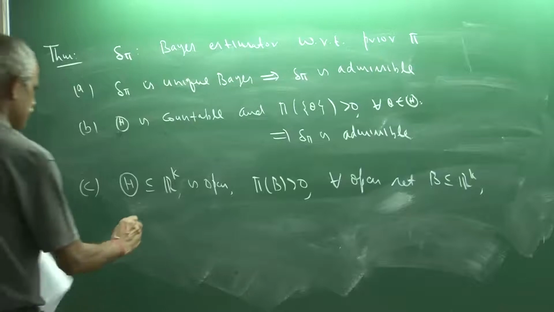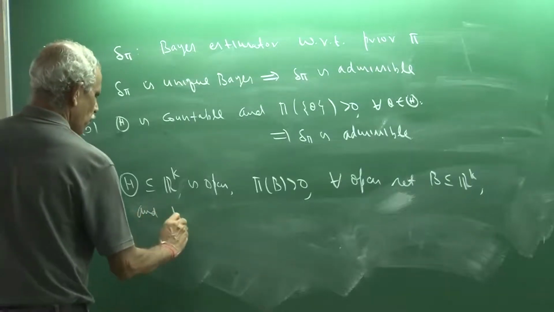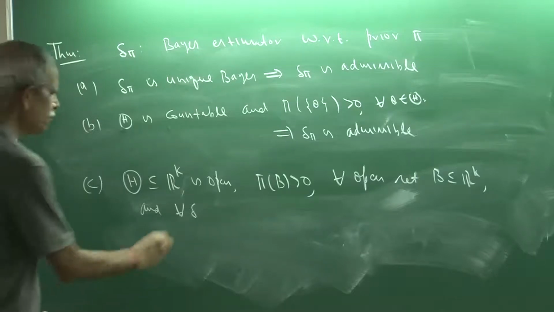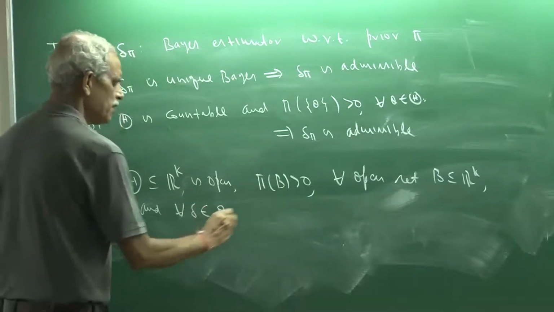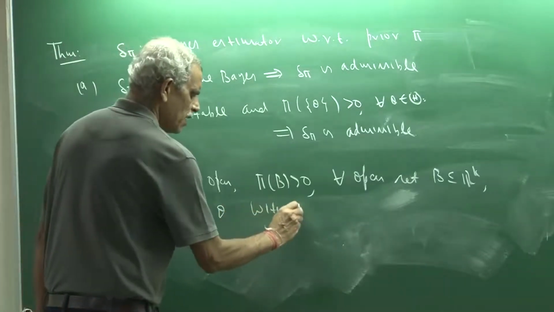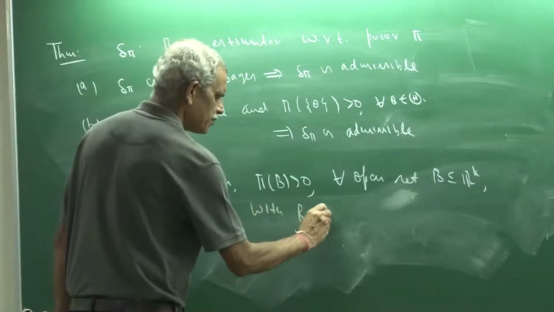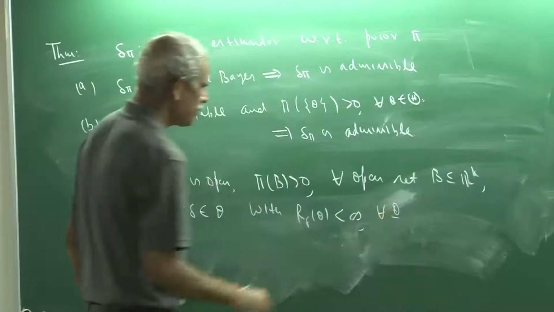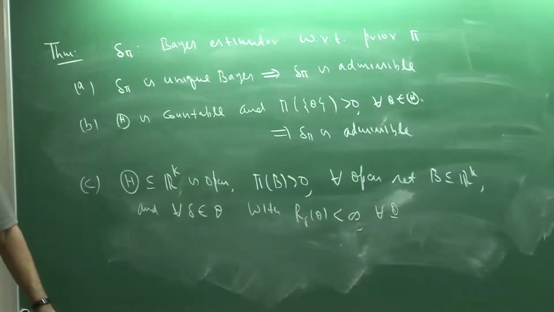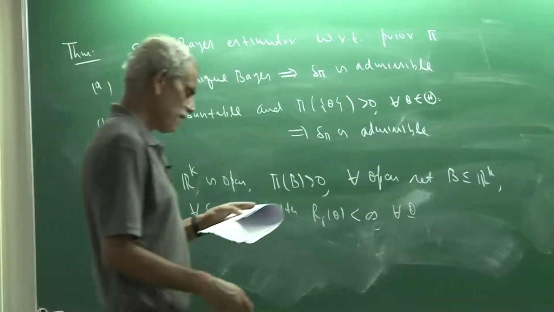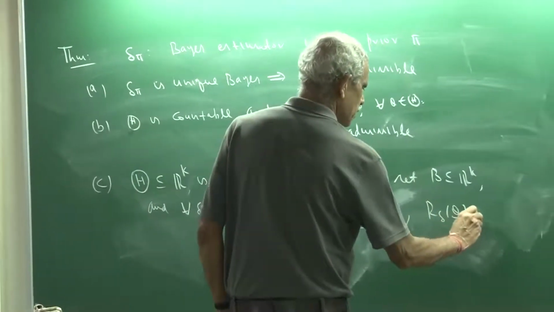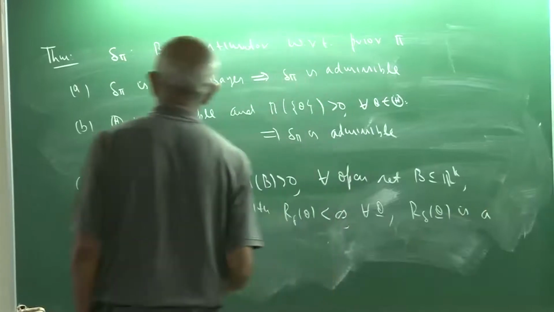And for every delta belonging to the class of all decision rules, let me denote that by script delta, with R(delta, theta) less than infinity for every theta. So for any decision rule whose risk is finite for every theta, R(delta, theta) is a continuous function of theta.